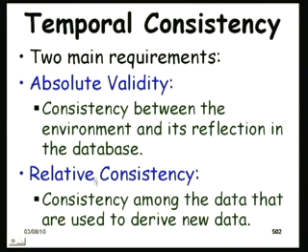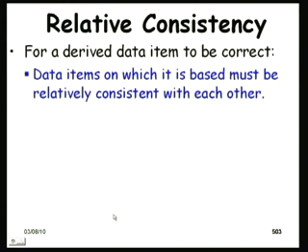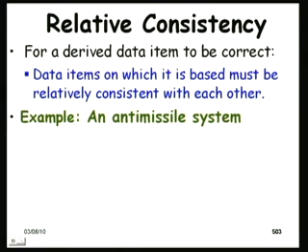There is another component here, the relative consistency, which is useful when trying to derive new data based on some primary data. So, the primary data that are used to derive a data have to be relatively consistent. Now, we will explain this with respect to an example. A set of data items are relatively consistent if they are contemporary data.